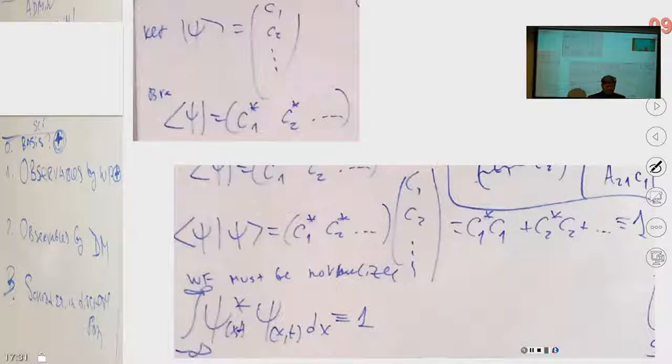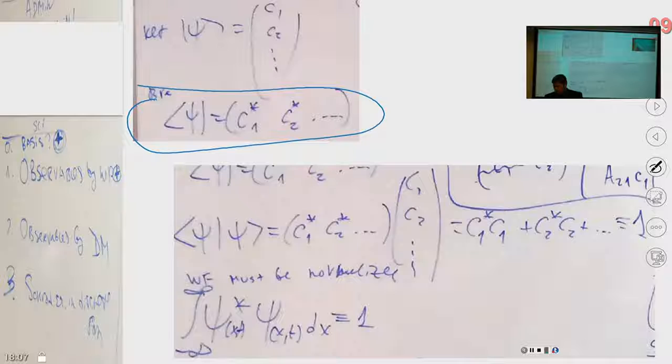From our previous meetings, we know that sometimes one needs the wave function in two forms, with and without star, when we are pursuing the protocol to find observables, right? And if we are jumping from the continuous wave function to this discrete wave function, we need an analog of the wave function star, which will be the row vector.